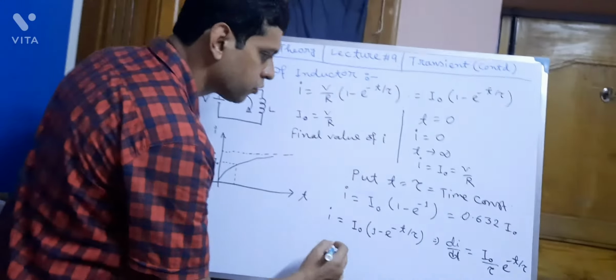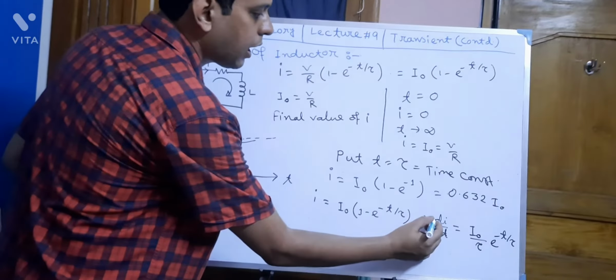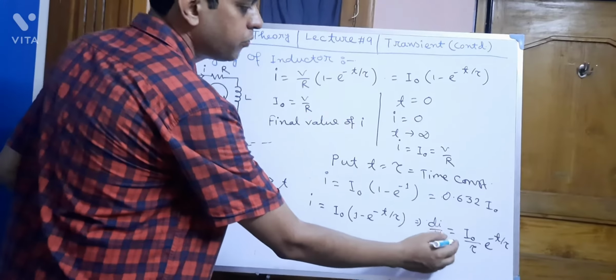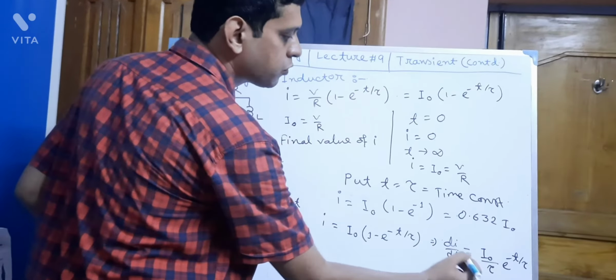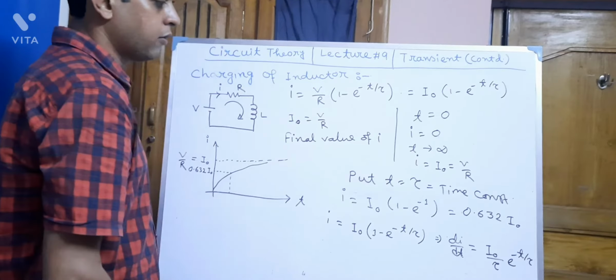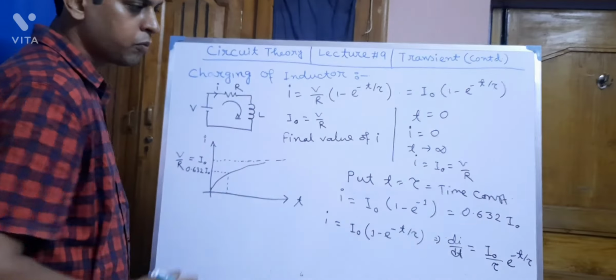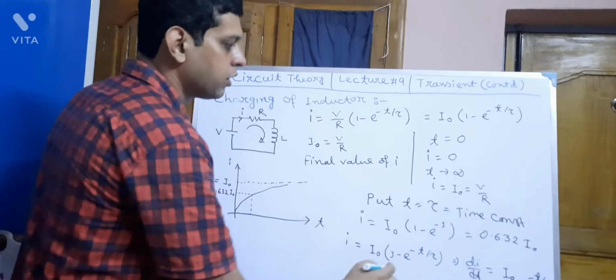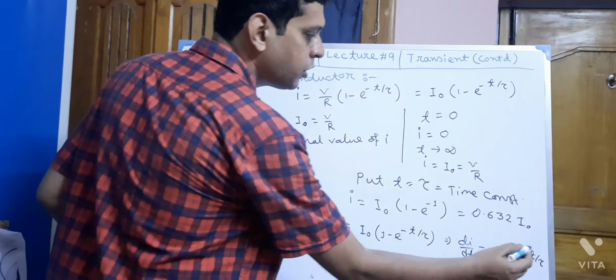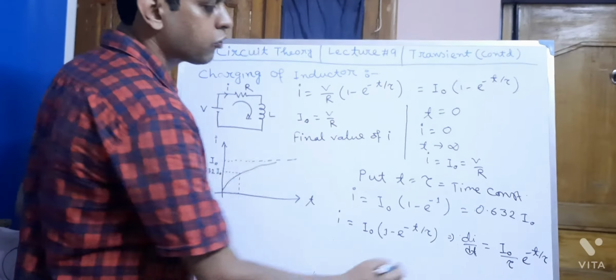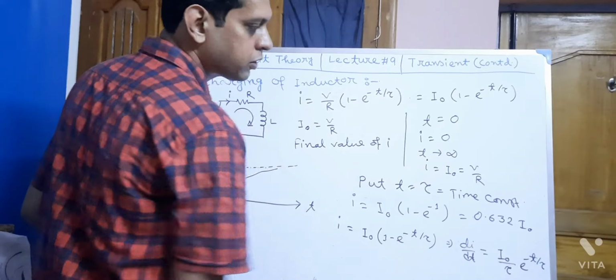Okay, so this is positive, so the current will increase. So current is increasing, we have no problem with that. Now the rate of increase is also a time dependent function. The rate of increase is not a constant.